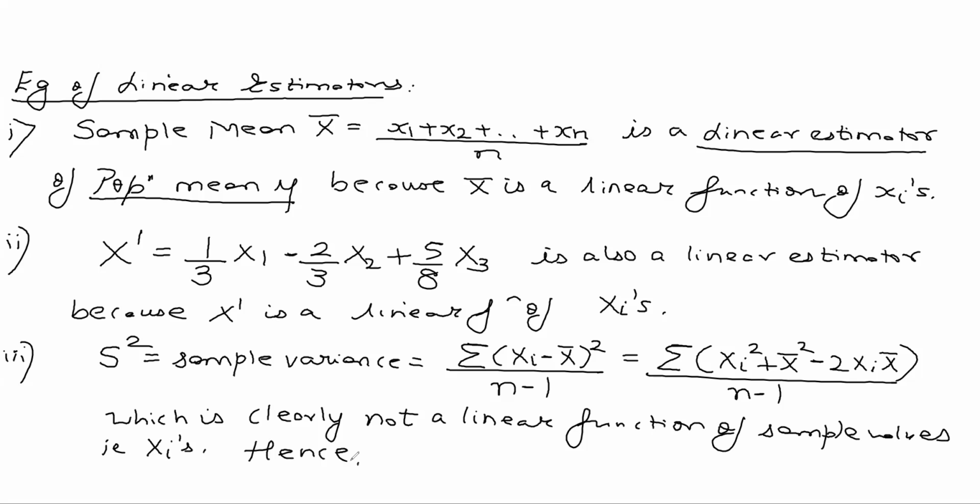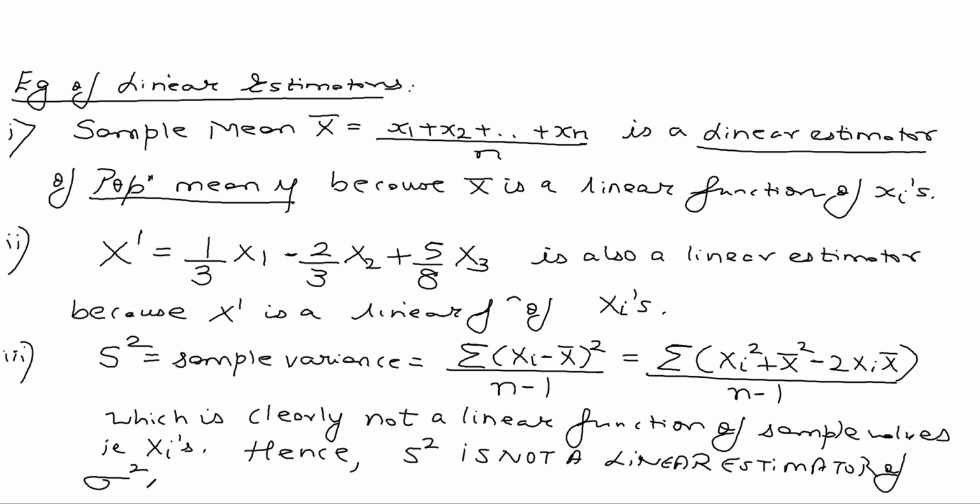Hence, the sample variance is not a linear estimator. It is not a linear estimator of the population variance sigma square.